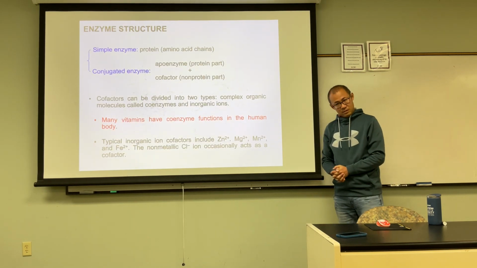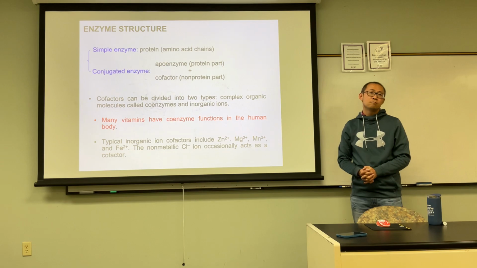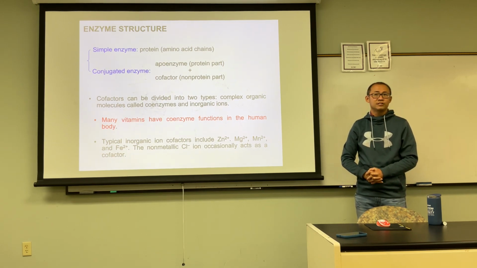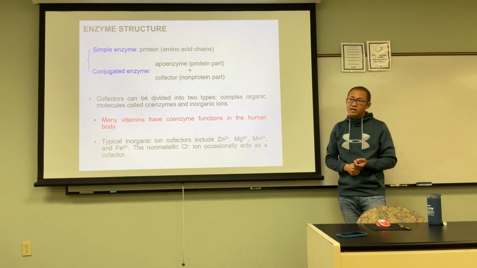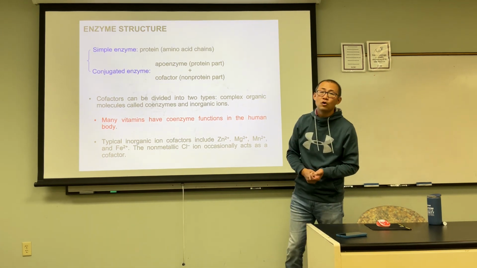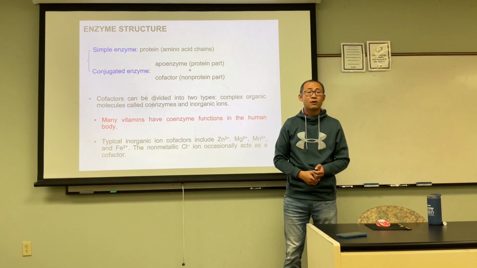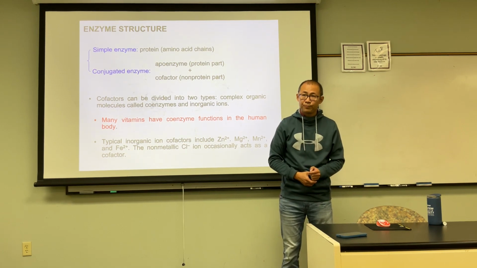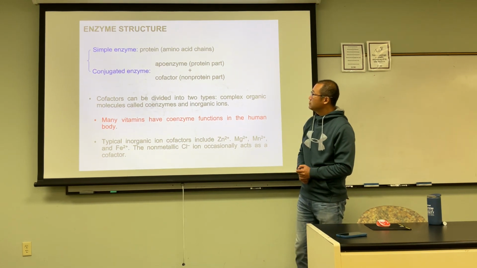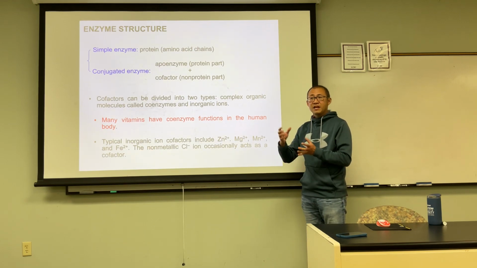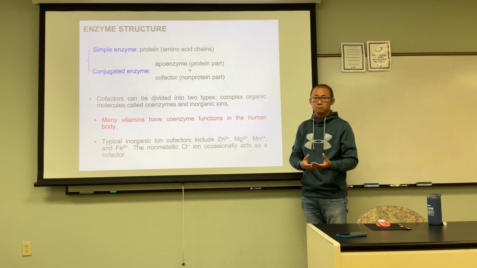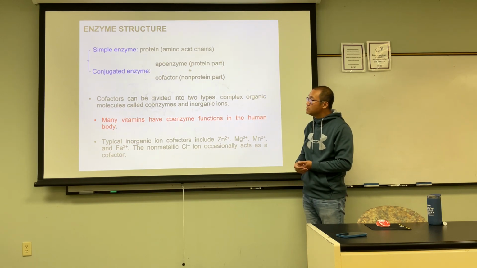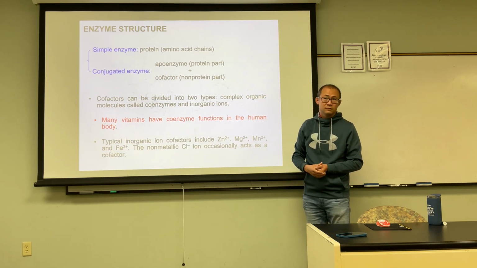Like we said, enzymes are proteins. Based on that fact, we classify enzymes into two types, just like we're classifying proteins. Enzymes, okay, are proteins. If the enzyme only has a piece of protein, nothing else, we call those enzymes simple enzymes.